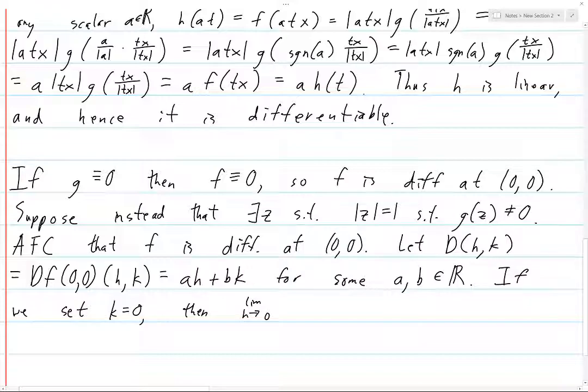So the limit as h goes to 0 of, let's see here, f of (h,0) minus f of (0,0) minus d at (h,0), all divided by the norm of (h,0). Because if we replaced these zeros with k's, and took the limit as h and k go to 0, that's how we would find the derivative at the origin.